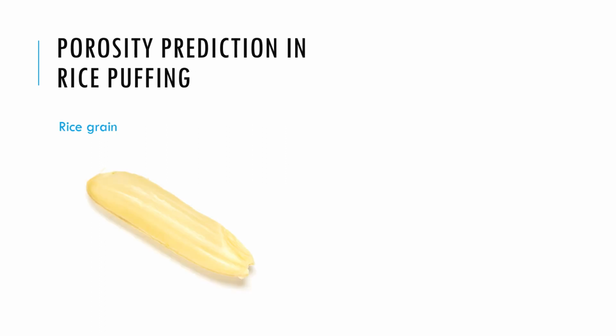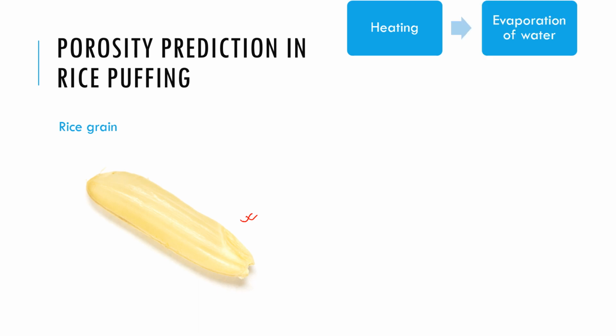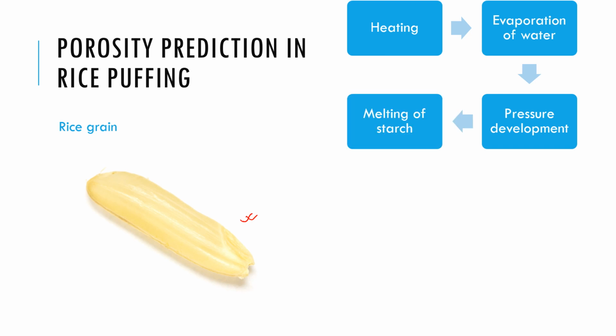So how can we do porosity prediction in rice puffing? Here is a rice grain, and we heat the grain, then whatever little water is there starts to evaporate, and that generates pressure. At the same time, because of heating, the starch melts.